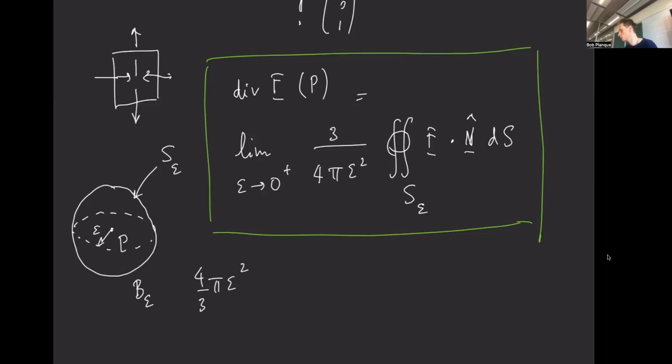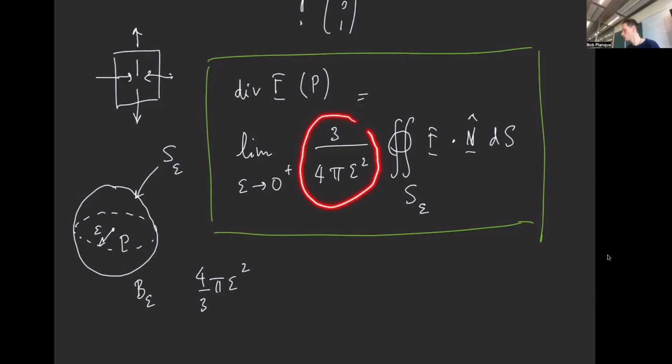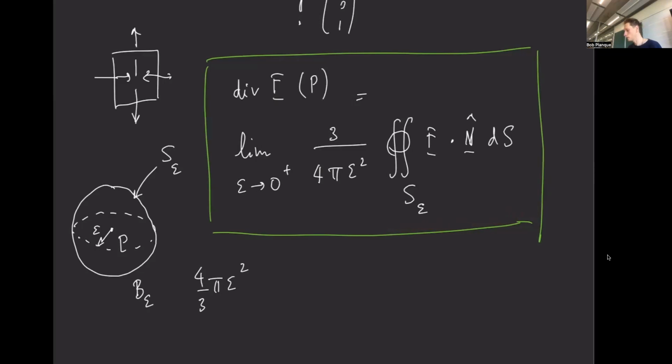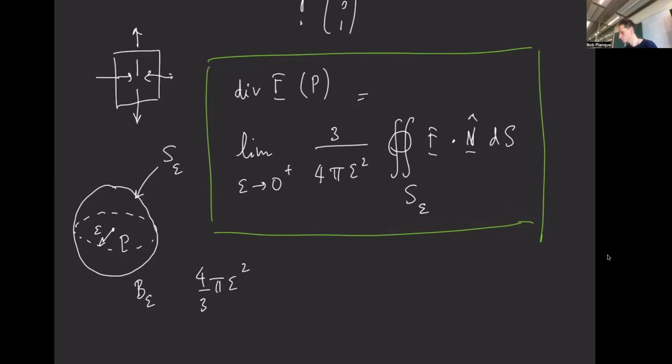So what you see written over here is that it is 1 over the volume of the ball that I'm integrating over. So this is per unit volume. Whatever is written here, you divide by the volume. What is written over here? Well, this is a formula for the flux of F through the boundary of that surface. Because n here is a vector which everywhere points outwards and is a unit vector.